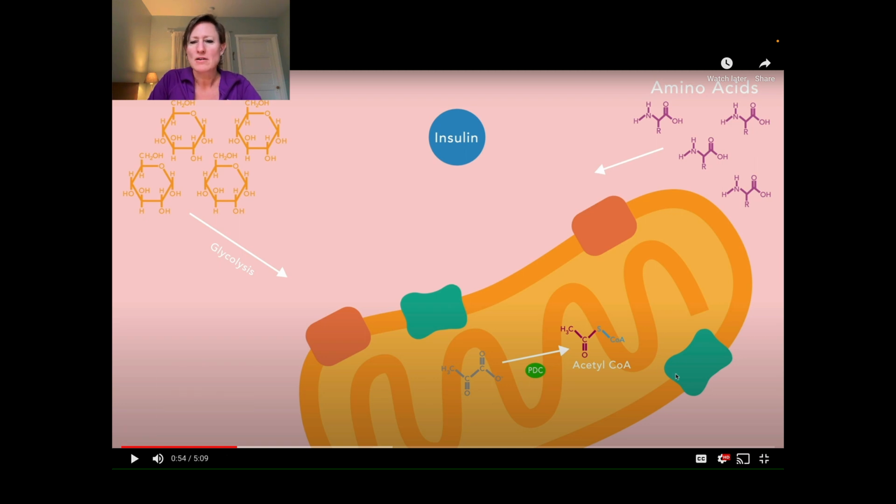Okay, so they're going to talk about here, we've mentioned this, whether it's pyruvate dehydrogenase chemistry or if we were talking about beta oxidation, all of these breakdown processes happen in the mitochondria. Once we have acetyl-CoA in the mitochondria, we need to think about how we are going to get it out into the cytosol, because that is where fatty acid synthesis occurs. They're going to highlight here that we do not have transporters for acetyl-CoA.